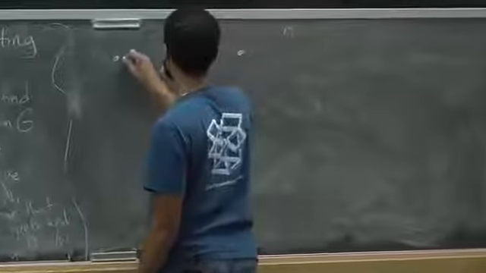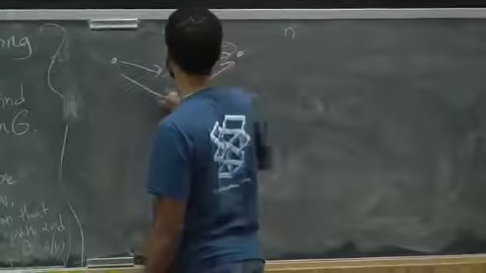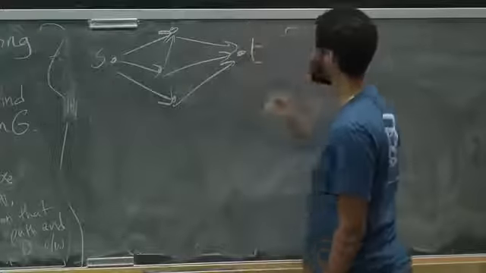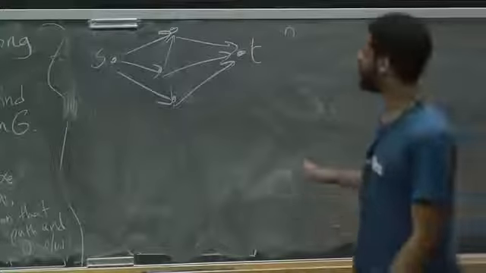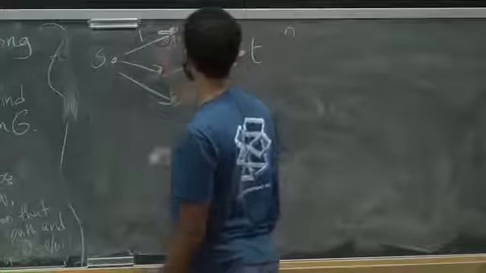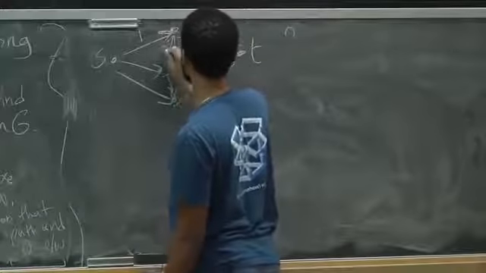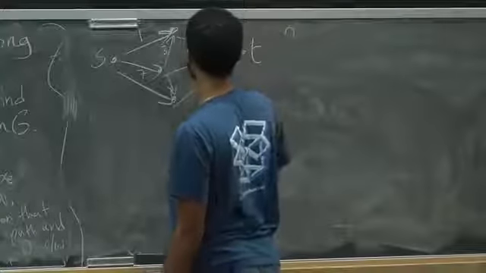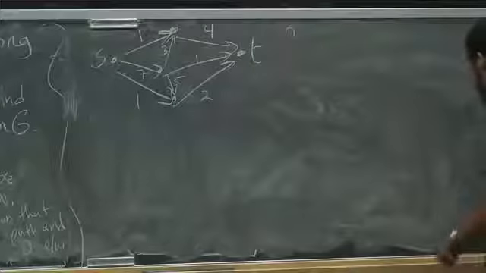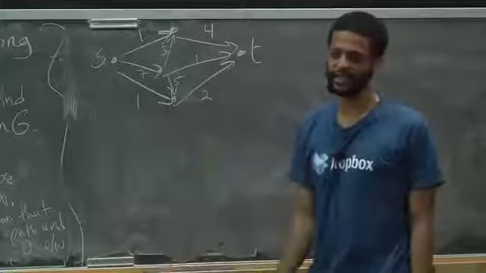we have some graph. This is S, this is T. There's some capacities, I'm just making up numbers. There are some capacities on these edges, and I just want a DFS from S to T to find some path.